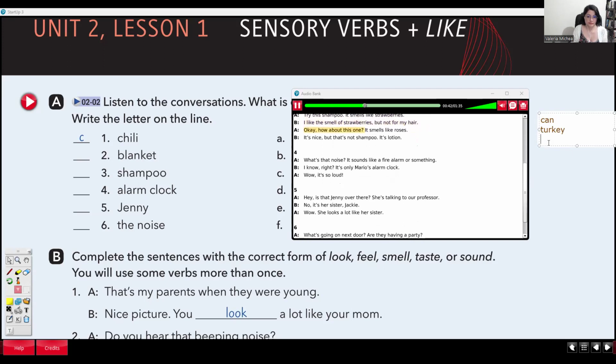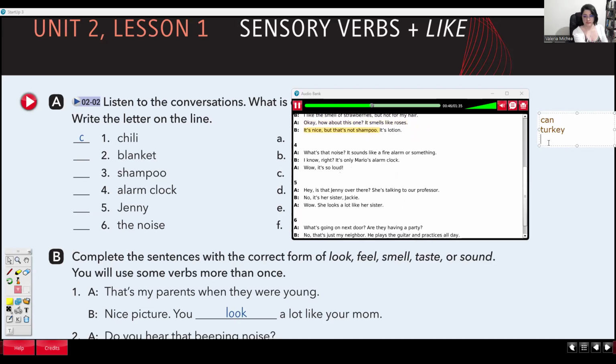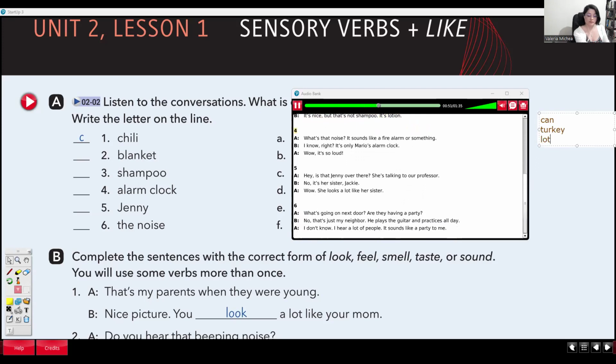Okay, how about this one? It smells like roses. It's nice, but that's not shampoo. It's lotion. 4. What's that noise? It sounds like a fire alarm or something. I know, right? It's only Mario's alarm clock. Wow, it's so loud. 5. Hey, is that Jenny over there? She's talking to our professor. No, it's her sister Jackie. Wow, she looks a lot like her sister.